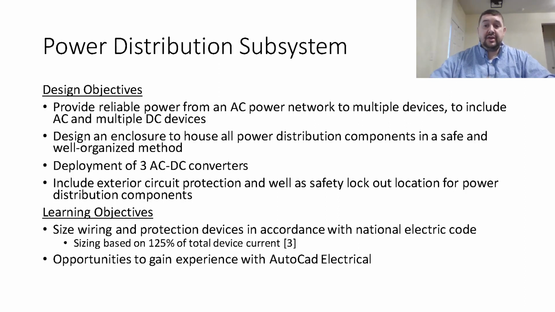So for that, I reached into the National Electrical Code, and they have a recommendation of sizing your wire and circuit breakers and any other protection devices such as fuses by a 125% rule or an 80% rule. It just depends which direction we look at it.